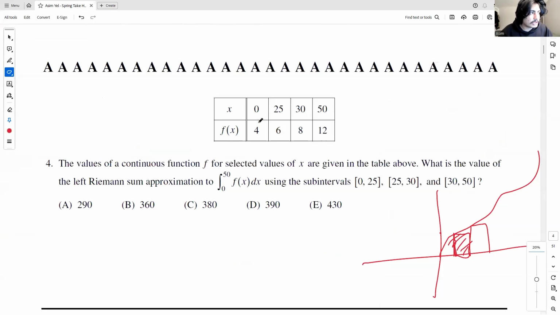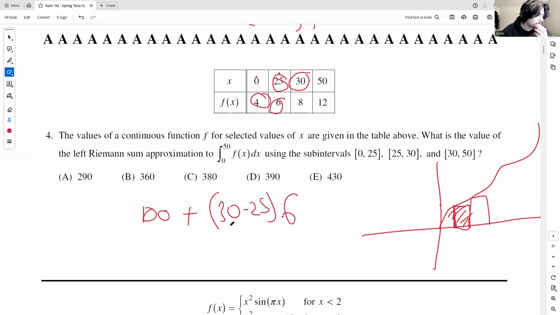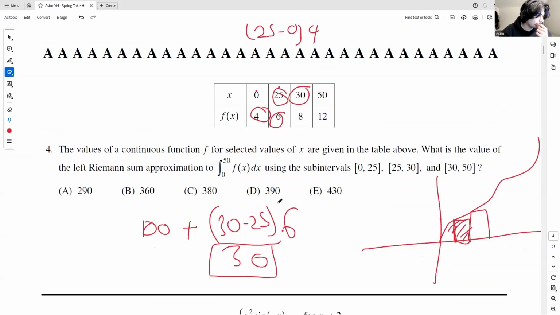So our left value will be 4 in this case, and our subinterval is 25 minus 0. So 25 minus 0 times 4. For our first value, we get 100. Plus, let's jump into our second value: 25, 30, and 6. So our subinterval will be 30 minus 25 times 6, and this gives me 30. Did I do something wrong? 30 minus 25 is 5, times 6 is 30.